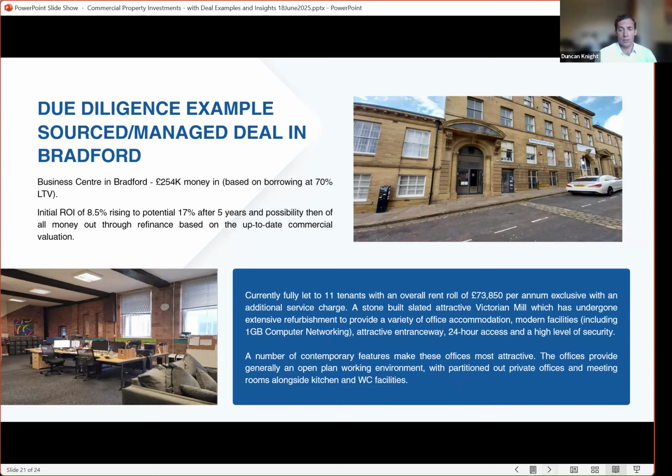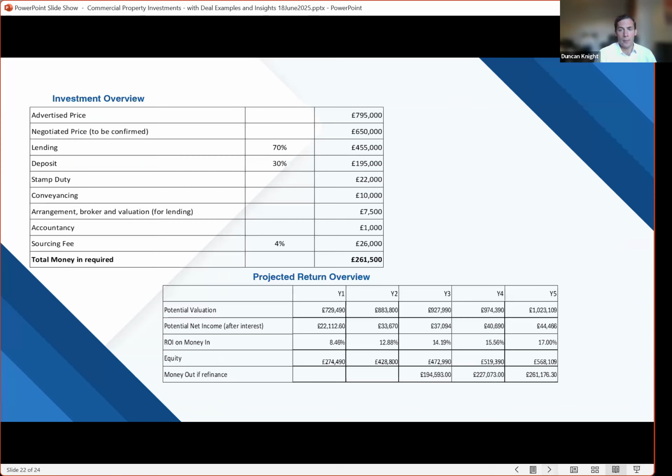So it's quite a good yield on day one, with the potential to steadily increase that rental return over the short to medium term, when we have rent reviews, lease renewals, and lease reversions. So there are ample opportunities throughout every year to nudge the rent up from a variety of different tenants. So that's the attraction here.